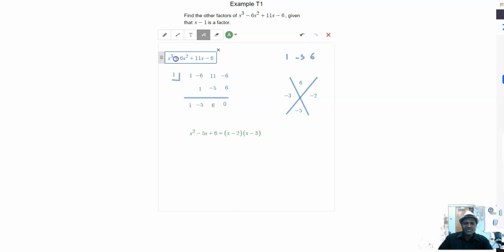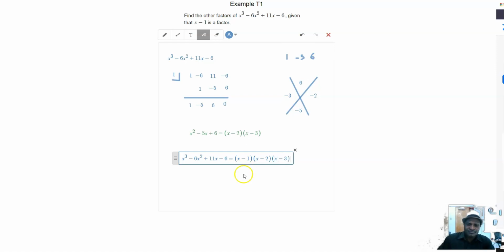So what this means is that if we want to completely factor this polynomial, then this polynomial is equal to x minus 1 times x minus 2 times x minus 3. And they gave us x minus 1. We found the rest of the factors. All right, that's the example T1.